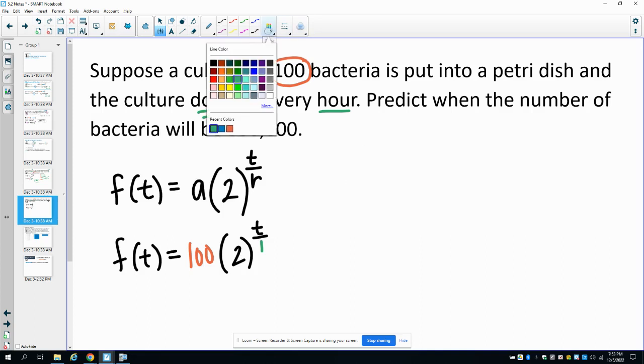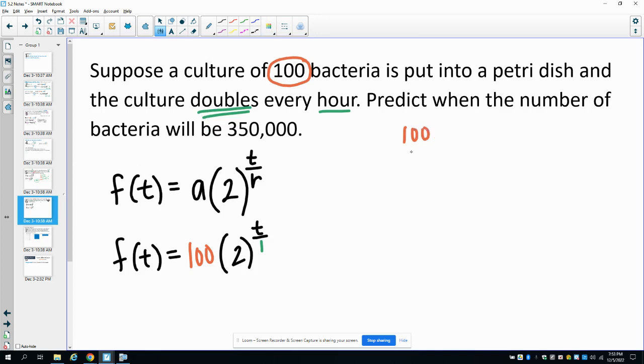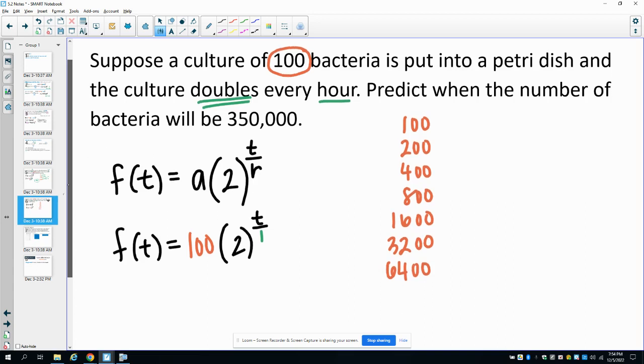Again, this is going to be a pretty big number because you're going to keep doubling. You started at 100, and we multiply by 2. That would be 200, and then 400, 800, 1600, 3200, and we've got to get up to 350,000. So this is going to take a while, or it's going to be a bigger number in your table.